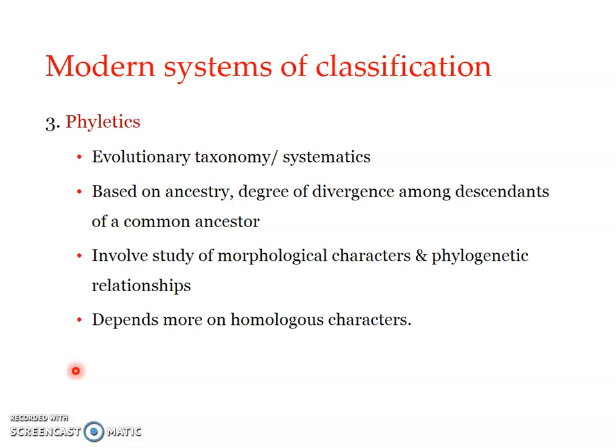Even though they perform different functions and externally they all look different, internally they all have a similar structure. This was discussed in one of the previous presentations, where we saw that the forelimbs of all these animals have the same structural skeletal pattern.